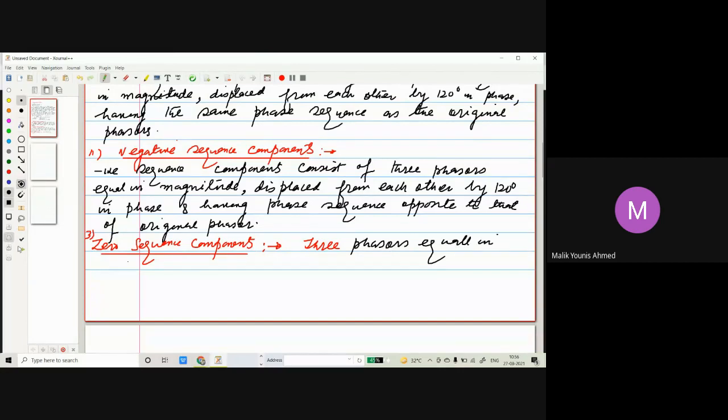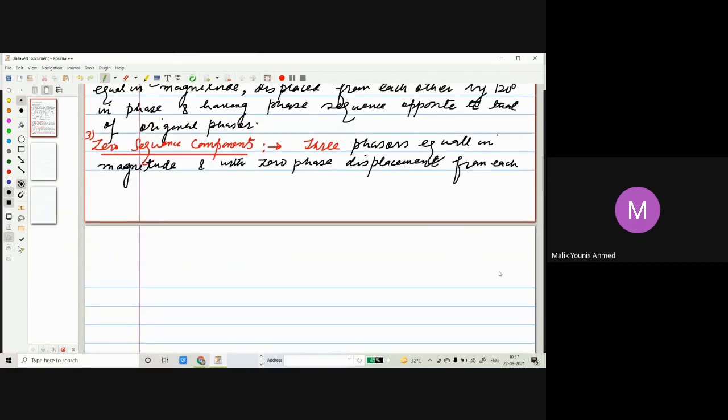Equal in magnitude and with zero phase displacement from each other.